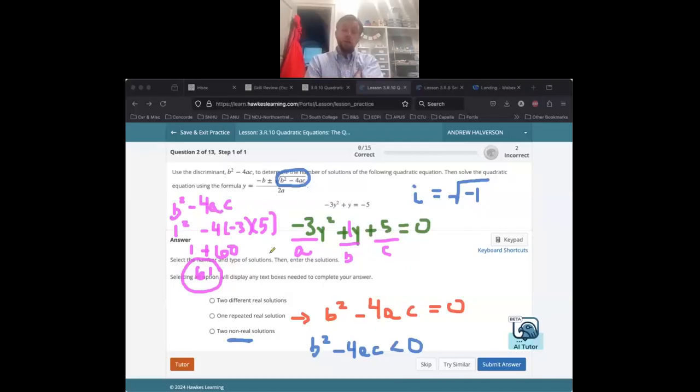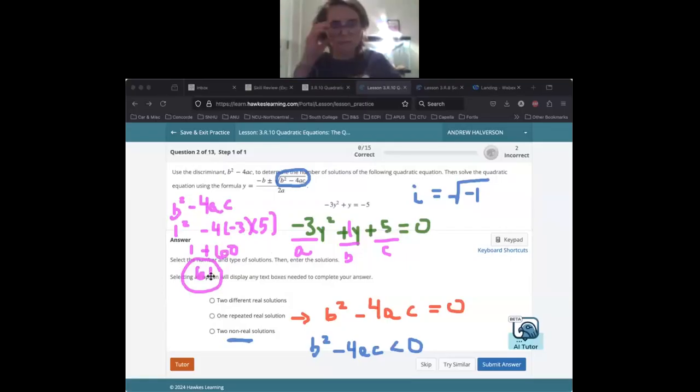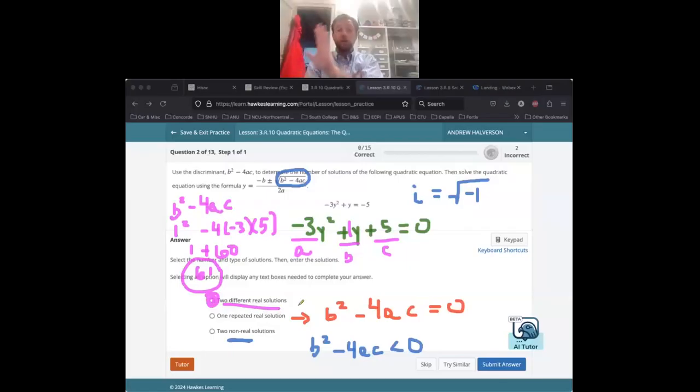So how many solutions will it have? Two. Because it's greater than 0. Because the discriminant, b squared minus 4ac, was positive. It was greater than 0.